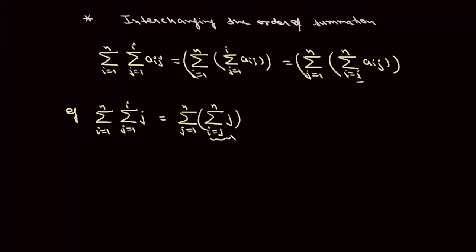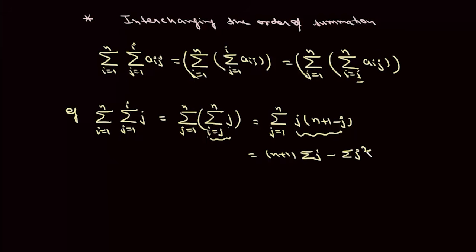Now in this summation, the index is i and the variable is j, which is basically constant. So it will be the summation j varies from 1 to n of j into the number of terms, which will be n plus 1 minus j. Now we can simplify this as n plus 1 into summation j minus summation j squared.